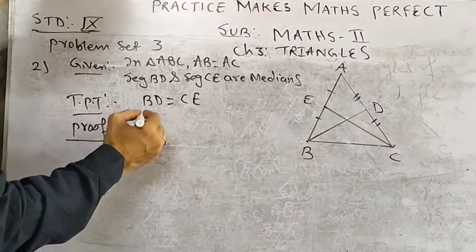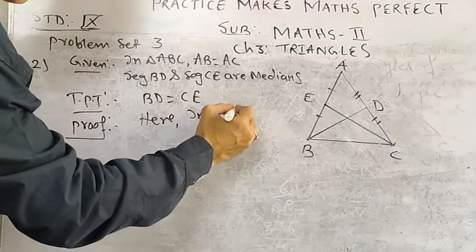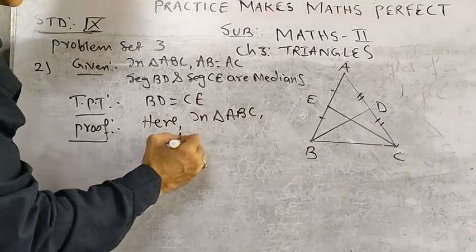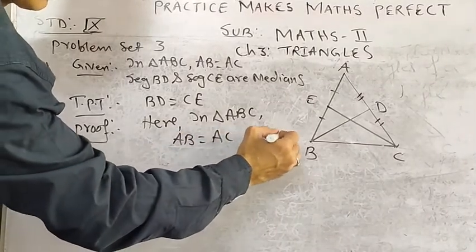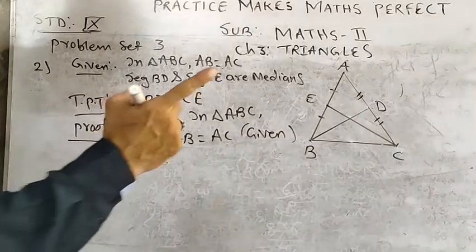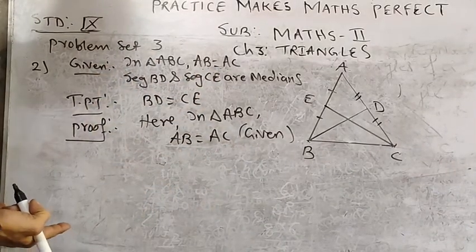So here in triangle ABC, AB is equal to AC. This is given, so first of all you will take the help of the given. AB equal to AC.